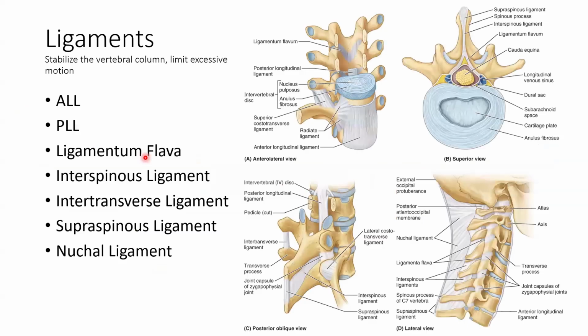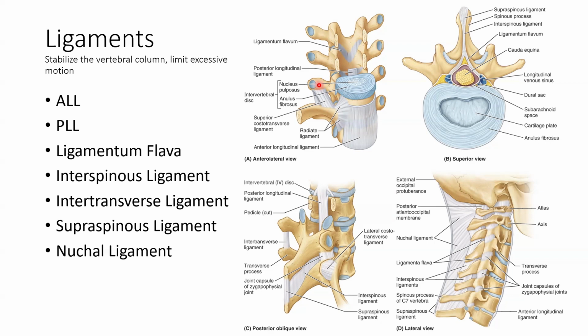Okay, so ligaments. It's important to frame ligaments as we move through this course as exactly what they are. Ligaments are connective tissue that connect bone to bone. And so we will talk about the ligaments in terms of movements that they resist. Now remember, in most joints, we do allow for some motion, but we don't want too much.